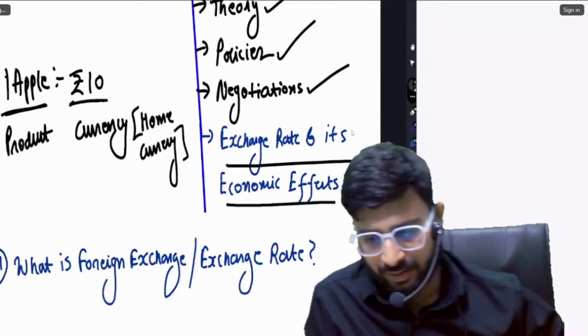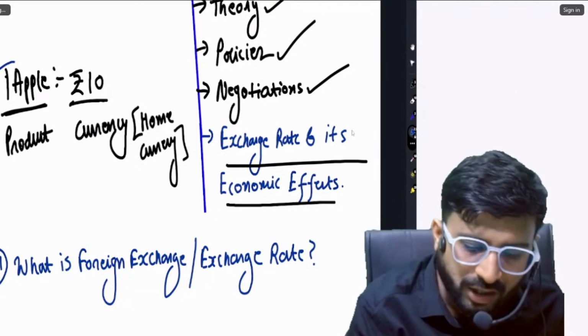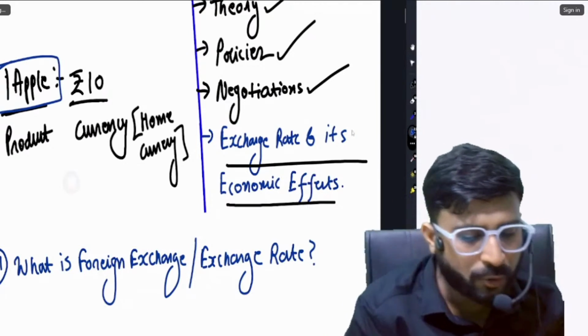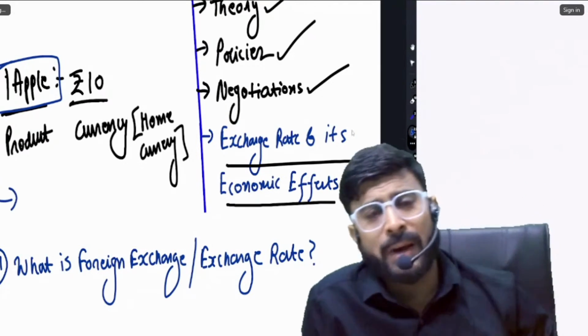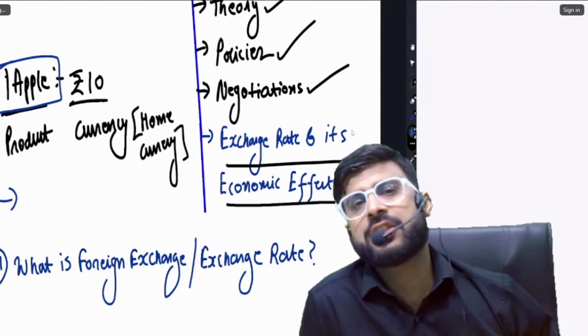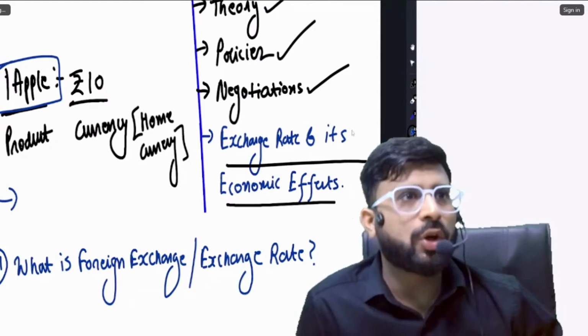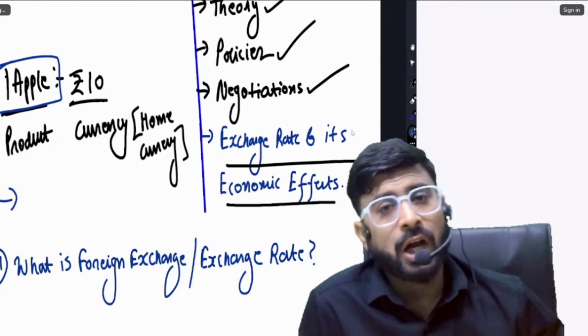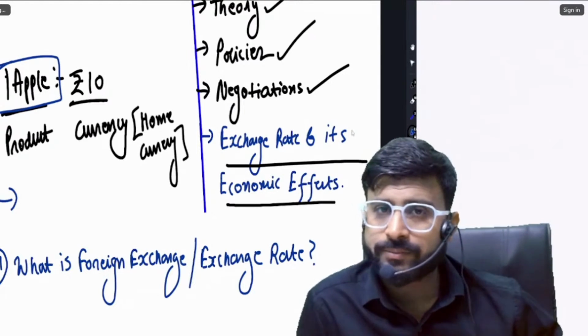Dear students, suppose now, instead of buying an apple, your plan is to visit America, the United States of America. Of course, you are going to spend money there, and of course, you need US dollars for that.